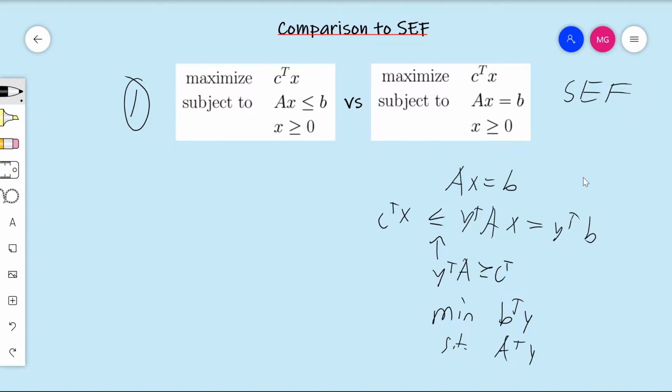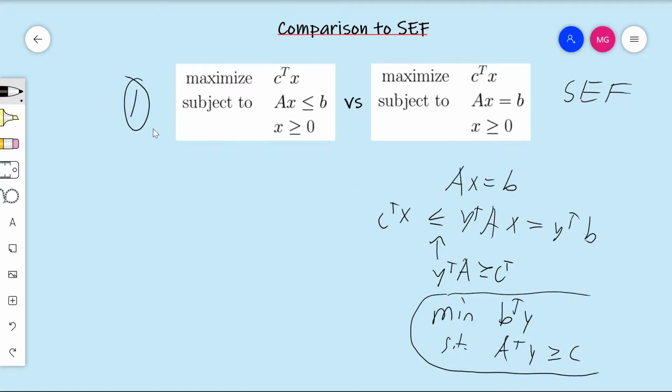I'll write it as A transpose y being greater than or equal to c. I just took the transpose of this condition, but it's the same condition. So now b transpose y is truly an upper bound that we're minimizing.